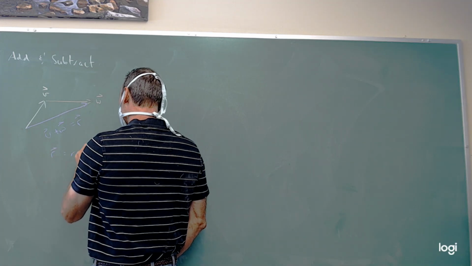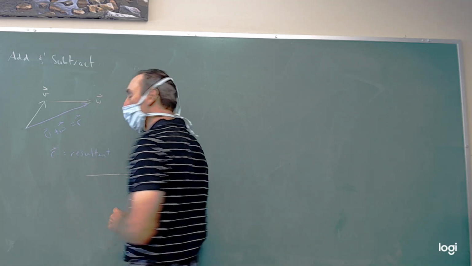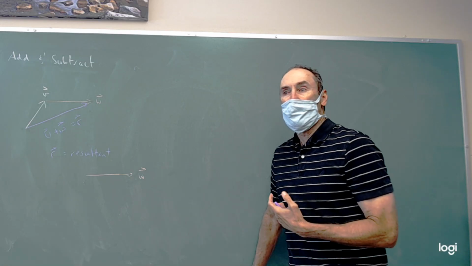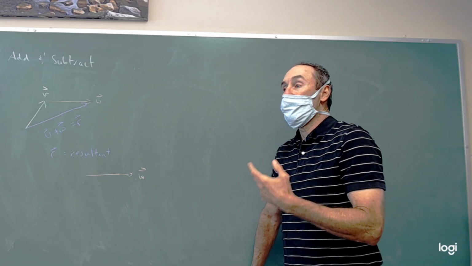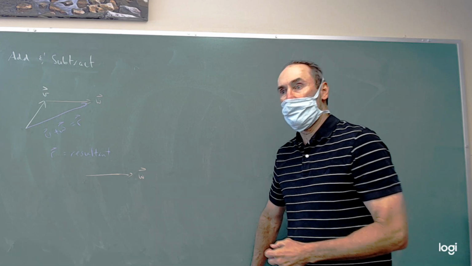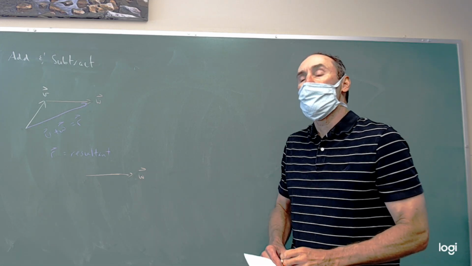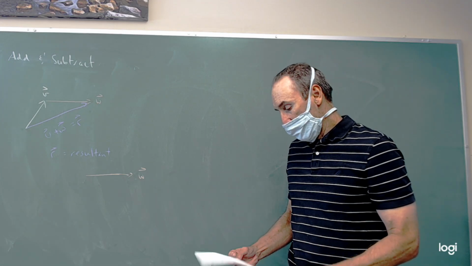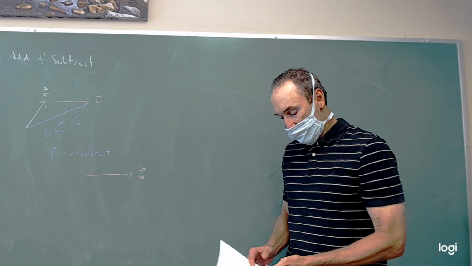So if they talk about finding the resultant, or what is the resultant, a resultant is the resulting vector after you add two together. It's the new vector formed by adding two vectors together.